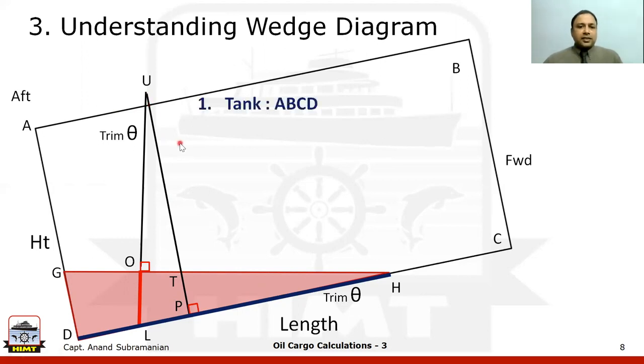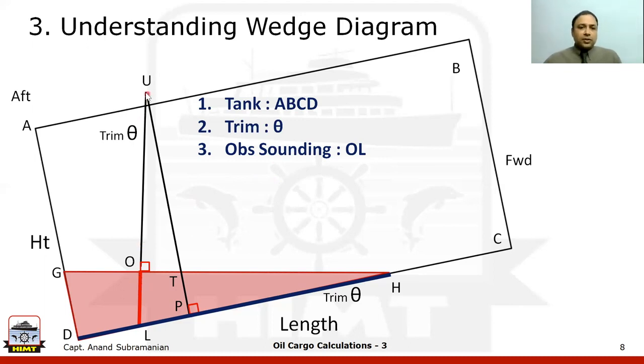Now let us look at the various things. Like we discussed, tank ABCD, that's taken care of. We have trim theta, and the trim is coming because of the trim of the ship. We are going to start our story from the observed sounding. This is what we normally have when we are going for wedge calculations. This is observed by getting the value of this sounding.